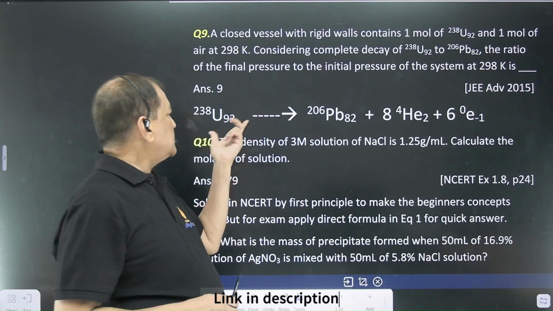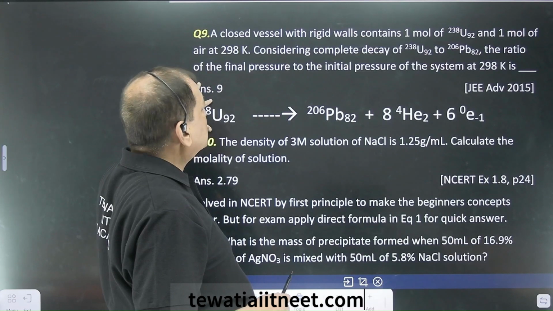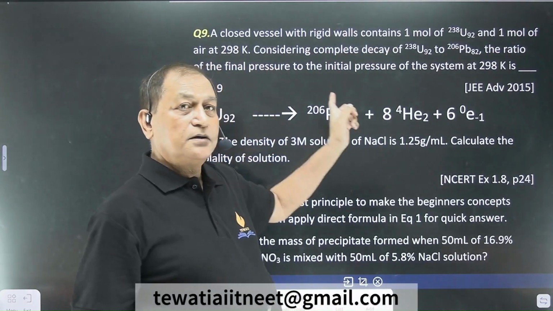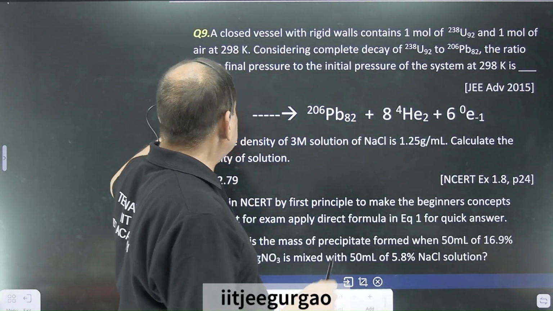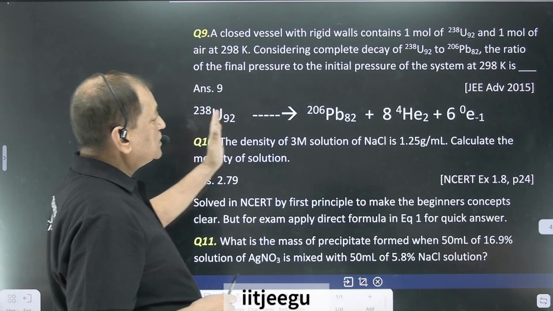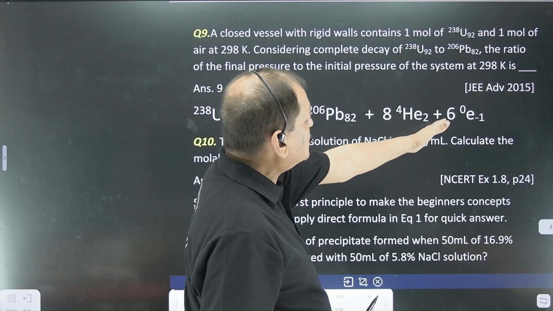So what is there? This is given with 1 mole of air, and now what is increased? This has decayed. 1 mole of air is already there. 8 moles of helium gas have also come.